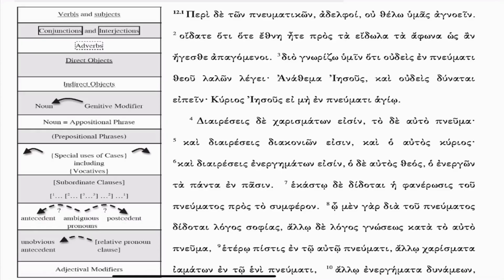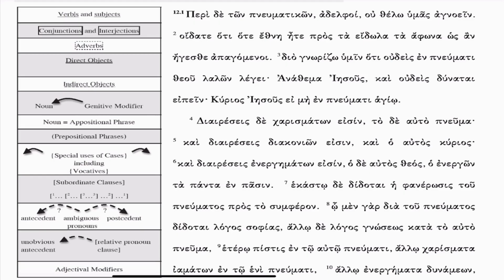Hello, everybody. This is Fred Long, and I am a part of the Proof Text podcast. I also have a YouTube channel, Greek Matters, and I'm going to be starting a series on constituent marking. Now, constituent marking is a system that I've developed over close to 30 years of teaching Greek, and it's a way to help navigate the sentence.